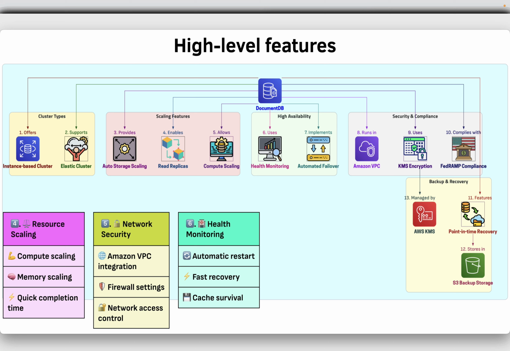Amazon DocumentDB continuously monitors the health of your cluster. On an instance failure, Amazon DocumentDB automatically restarts the instance and the associated processes. Amazon DocumentDB does not require a cache recovery replay of database redo logs, which greatly reduces restart times. Amazon DocumentDB also isolates the database cache from the database process, enabling the cache to survive an instance restart.